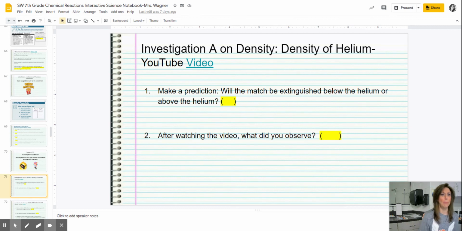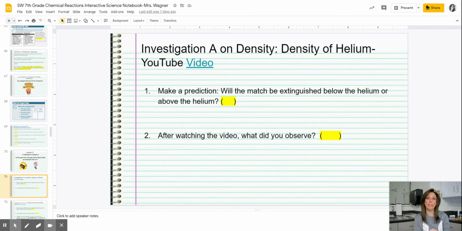Will the match be extinguished below the helium or above the helium? So I know the word extinguished makes you think of flammability. The reason this is about density is because if it's heavier than air, then the air above it will have to snuff out the flame.